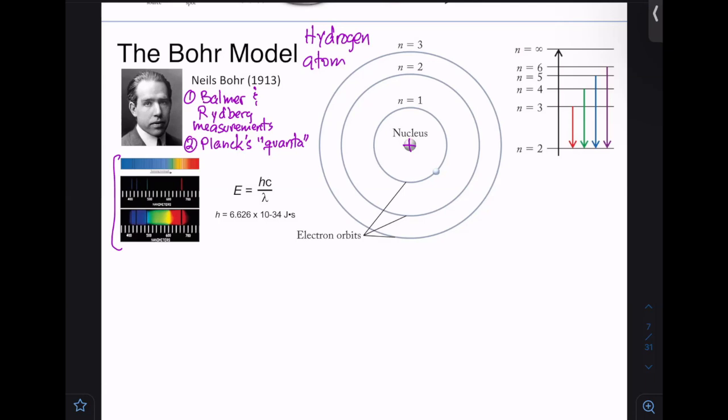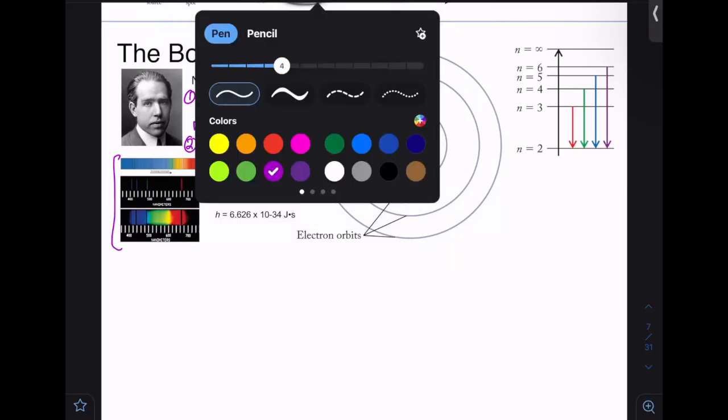And Bohr imagined that these different energy levels were quantized, and he's calling them n equals 1, n equals 2, n equals 3. N equals 1, this is what we call the ground state. The ground state is the lowest energy level, where things are most stable.